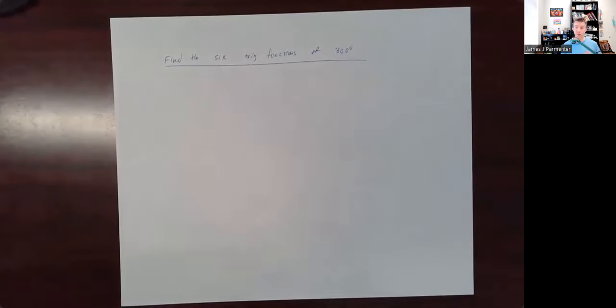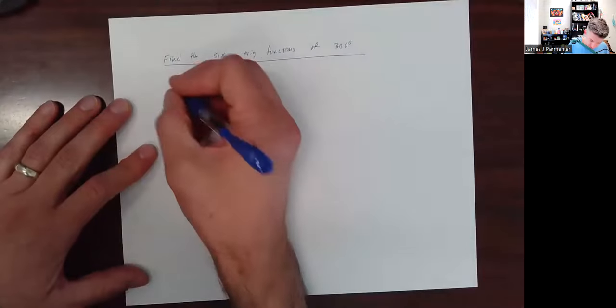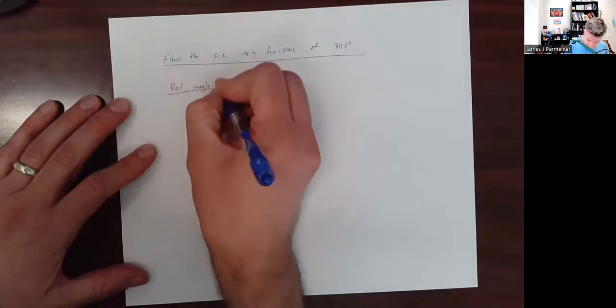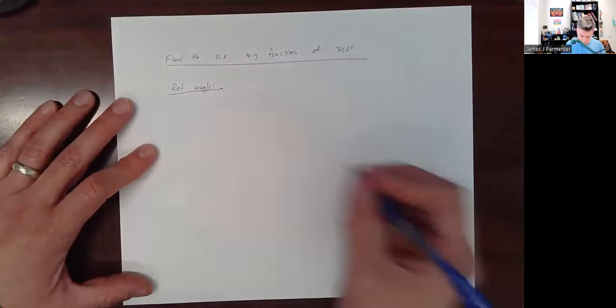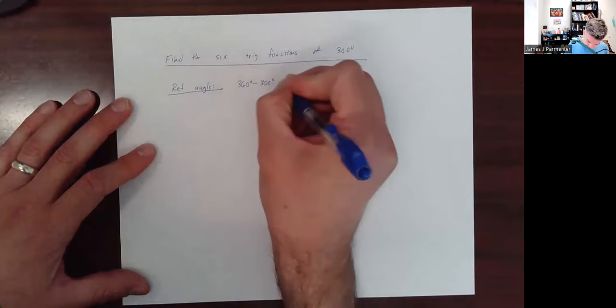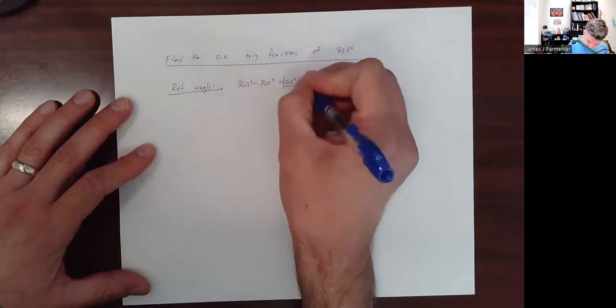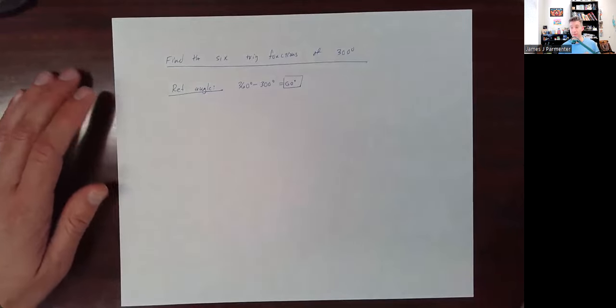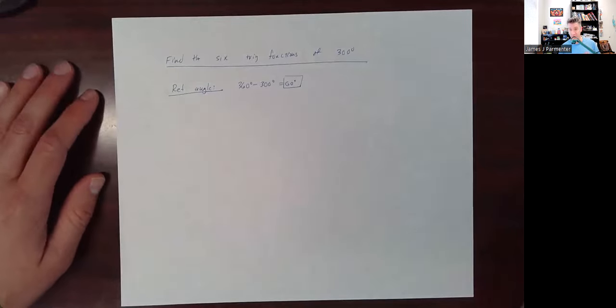So here is my usual go-to reference angle. 300 degrees is in quadrant 4. 360 degrees minus 300 degrees is 60. The reference angle is 60. And you can draw the triangle for 60 degrees.